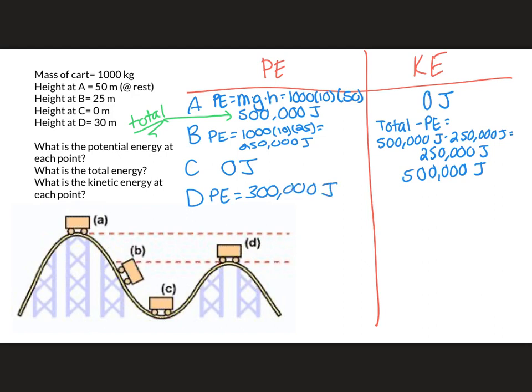To get my kinetic energy, once again, I take my total minus my potential energy, which in this case will give me 200,000 joules. So a big part of this is that we are seeing the transfer from one type of energy to the next one. Okay, so total energy is our focus. Now after this, we could use our equations to figure out the velocity from the kinetic energy. We won't worry about that this week, but you are free to do that on your own.